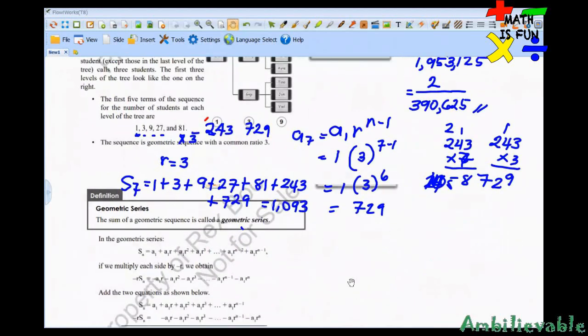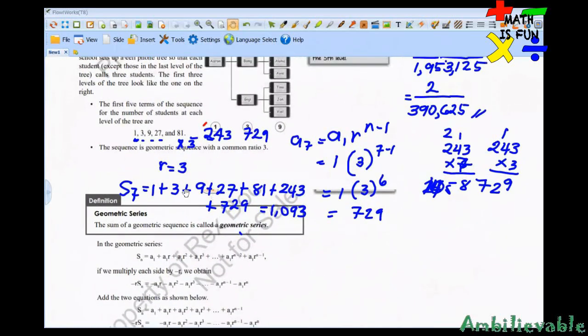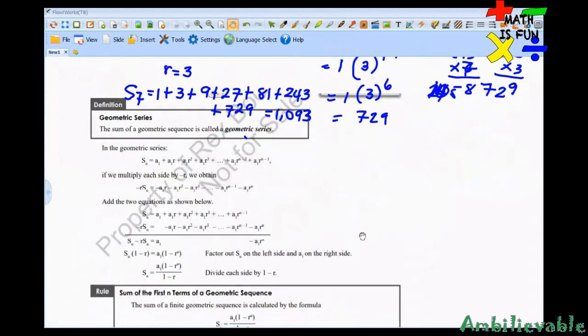So in that case, we don't need to do this addition. What about if we have 1,000 levels or S sub 20? We don't need to get those numbers by multiplying by 3. But we have a formula to use.